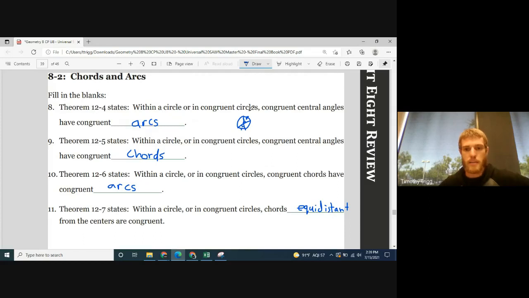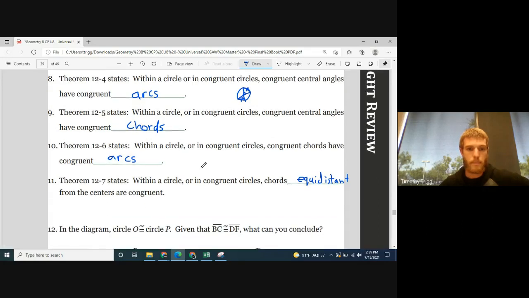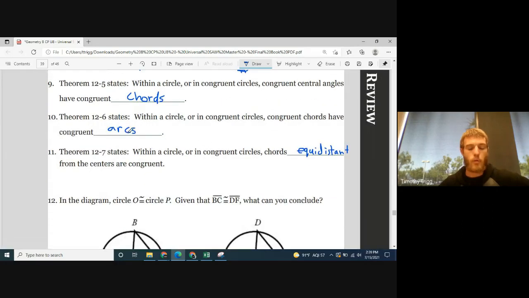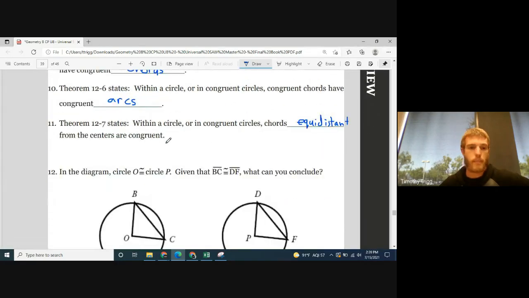Number 9 is basically saying that the chords connecting those arcs would be the same. Congruent chords produce congruent arcs. And we're going to talk more about it in question 12, so don't worry about it too much. And then within a circle or congruent circles, chords equidistant from the centers are congruent.